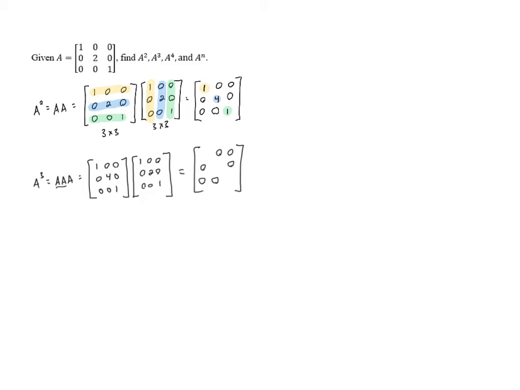So this leaves us with 3 more entries that we need to do. Let's start by looking at the upper left. To figure that out, we need to take the inner product of the first row and the first column. And when we do that, the only product that's not 0 is 1 times 1, which gives us 1. To figure out the middle entry, we need to take the inner product of the second row and the second column.